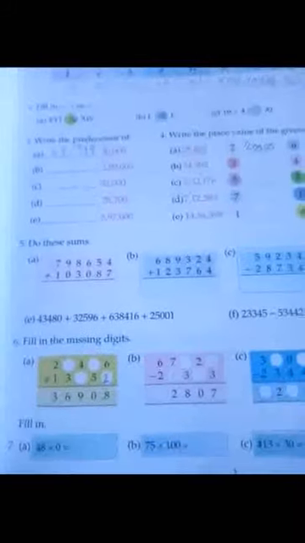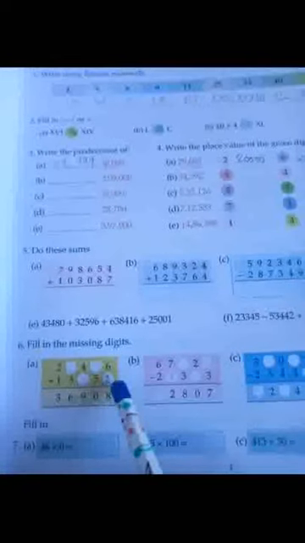Fill in the blanks with missing digits. Means the missing numbers are there, we have to fill in those missing numbers. So this question is of plus. So what must be added to 6 so that it will become 8? So 6 plus 2 will be 8. So here 2 will come. Now what must be added to 5 so that the answer will come 0?